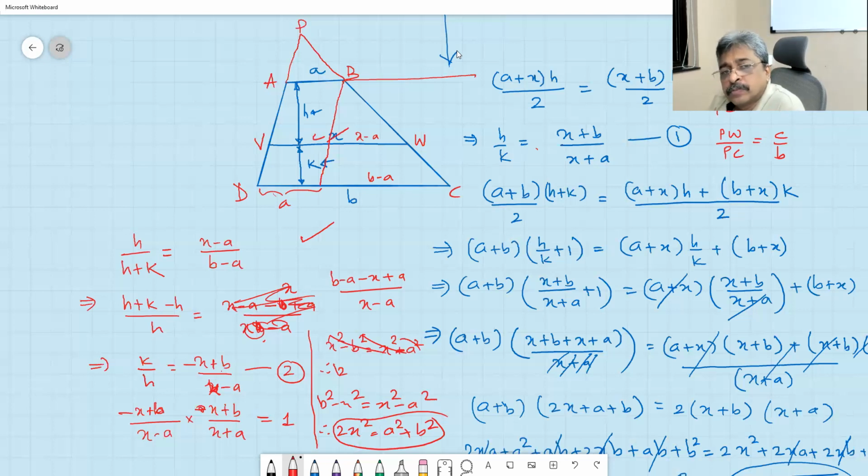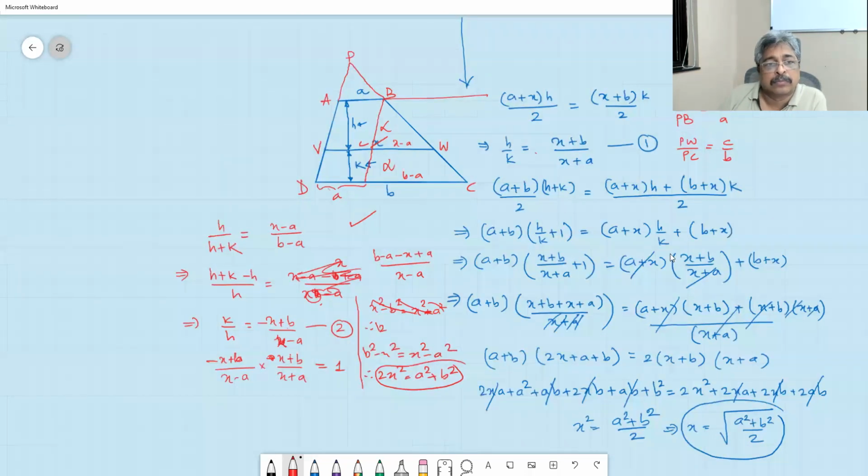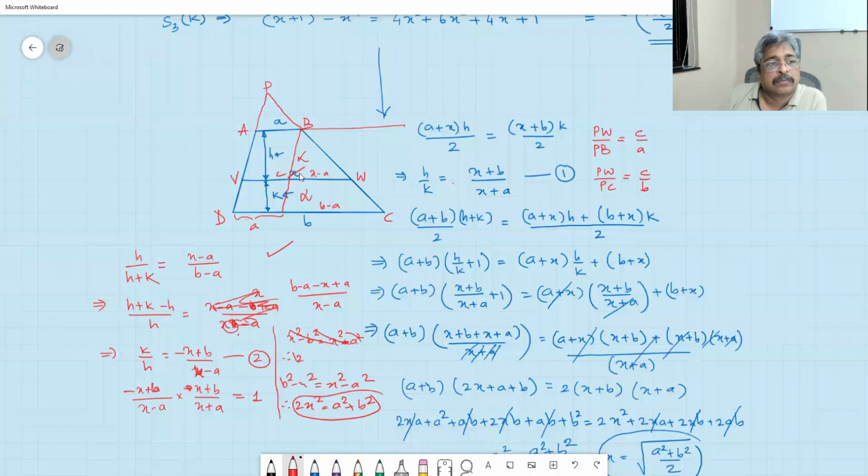Yes, sir. Sir, and let the area of ABVW be equal to the area of VWCD, equal to alpha. Then I used another thing, the areas. I found out the area of PDC upon area of PVW is equal to B square upon C square.